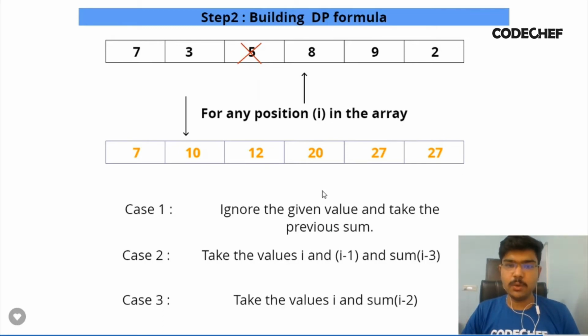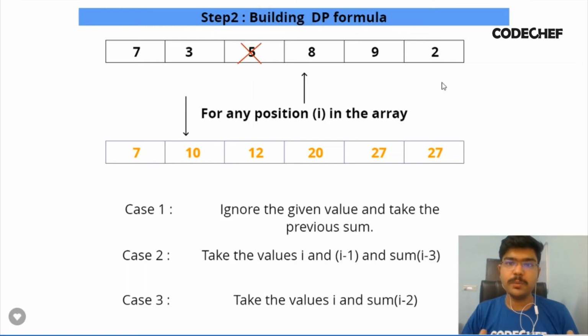Alright, so now we can see at the end of this array the dp of n stores our optimal answer for the whole array. So what are we doing in this construction of the dp formula? We are finding the answer of the prefixes: this value stores the answer till position 1, 10 stores the answer till position 2, 12 stores the answer till position 3, and the last part of this dp array stores the answer till position 6, that is the whole array.